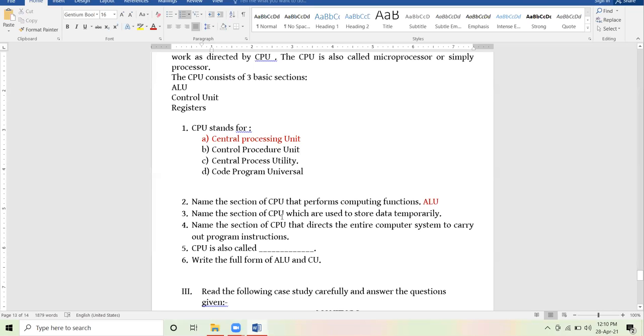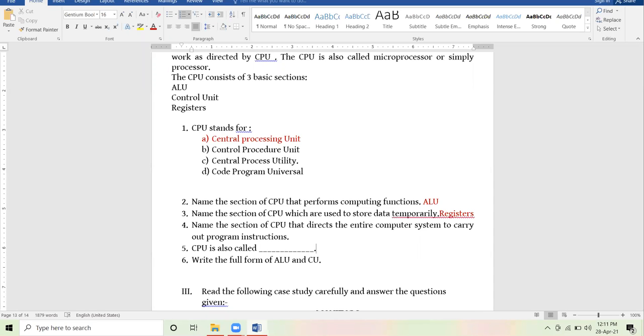Name the section of CPU which is used to store data temporarily. Yes, Garima. Registers. Very good, very right. Name the section of CPU that directs the entire computer system to carry out program instructions.